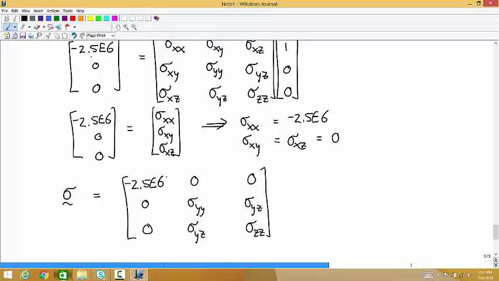But you've limited the number of variables that you have to calculate at that point. So you've eliminated 3 of the 6 unknowns.